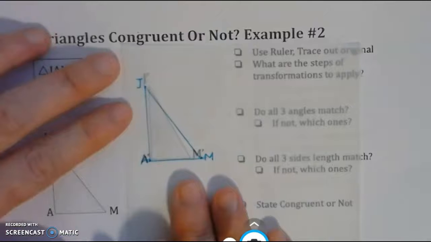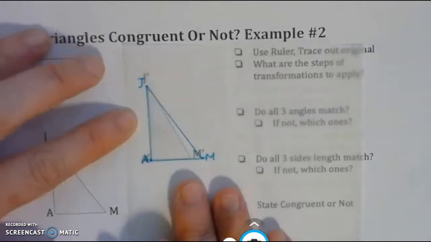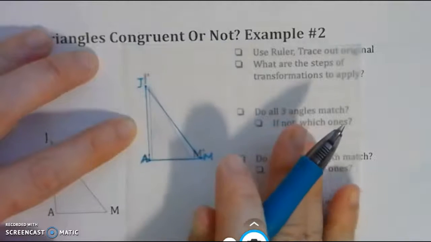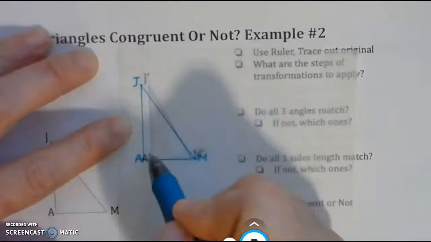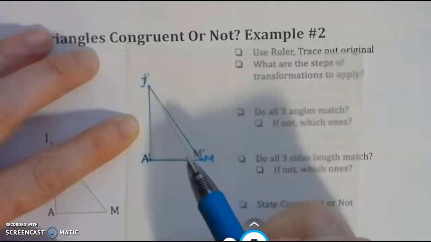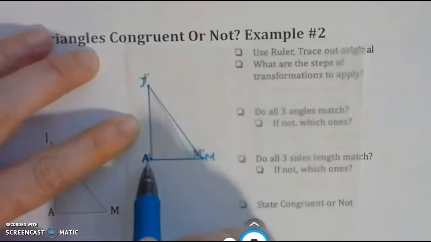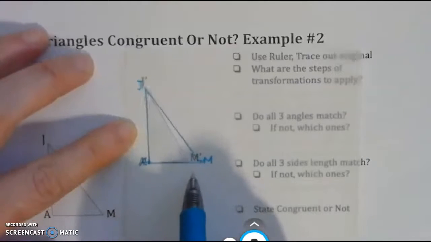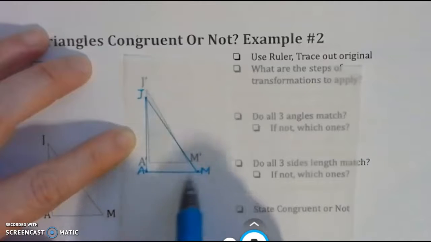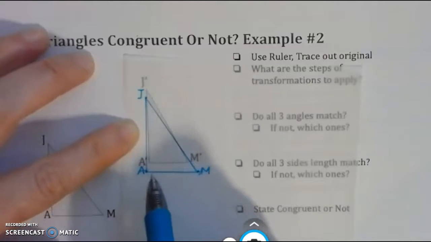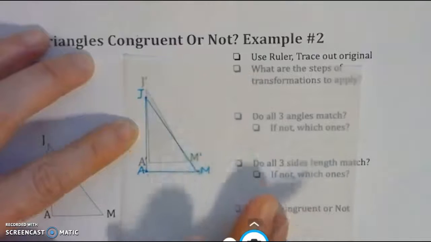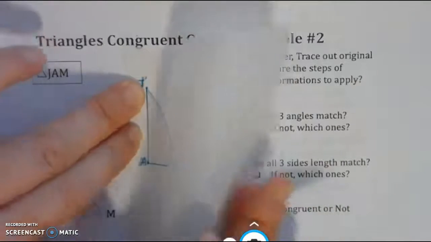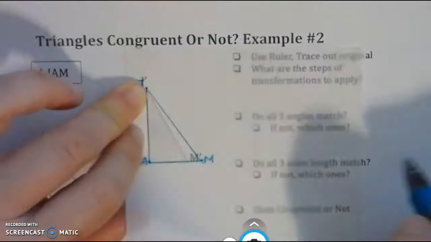So I am trying to do a translation. Do they match? Well, certainly the length of JA and J prime A prime match up. But what about the length of A prime M prime and AM? Line segment AM is longer than A prime M prime. So the side lengths do not match up. Do all the side lengths match?